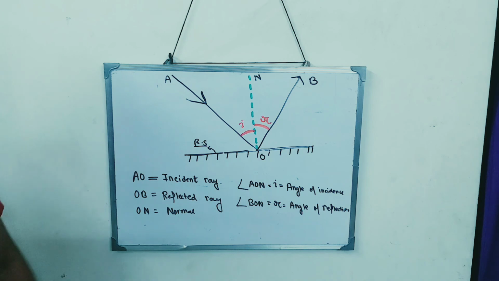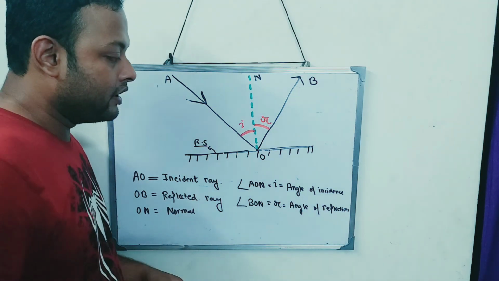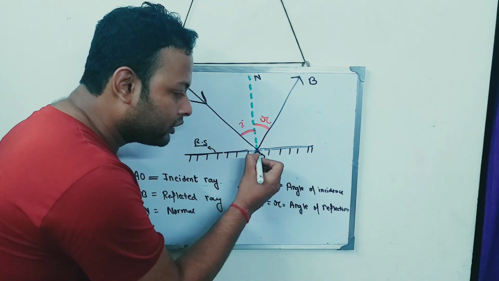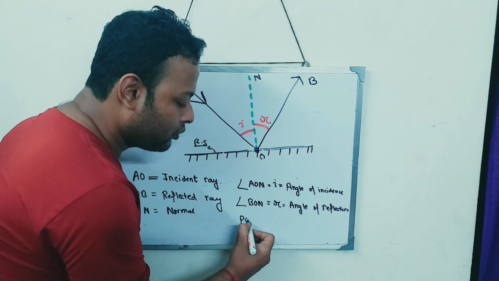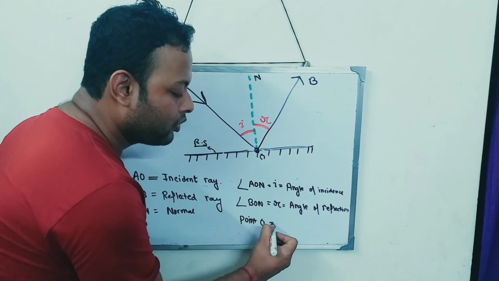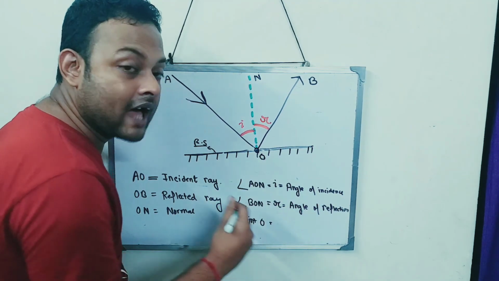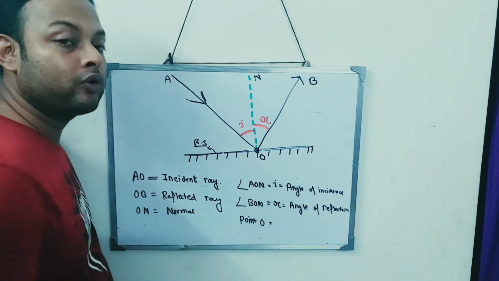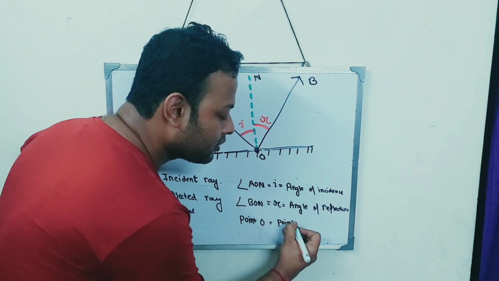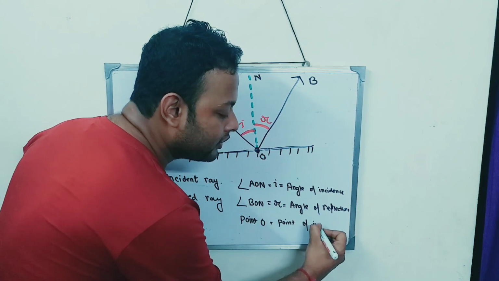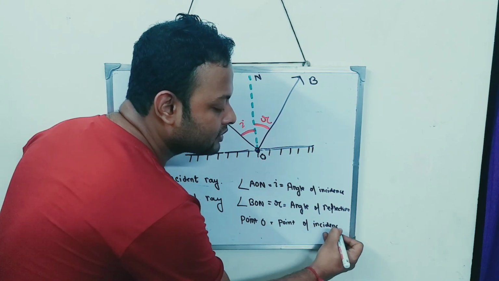So you have to know basically these points. One more point is there. This point O has a name. This point O is called the point of incidence.